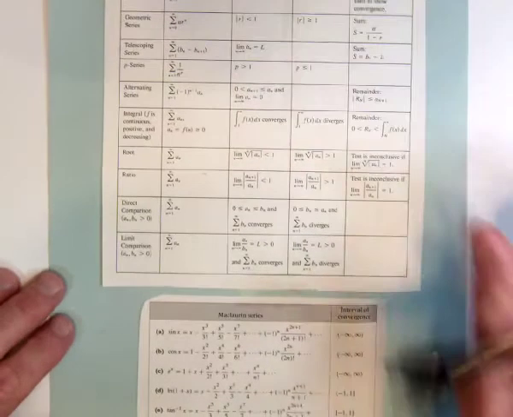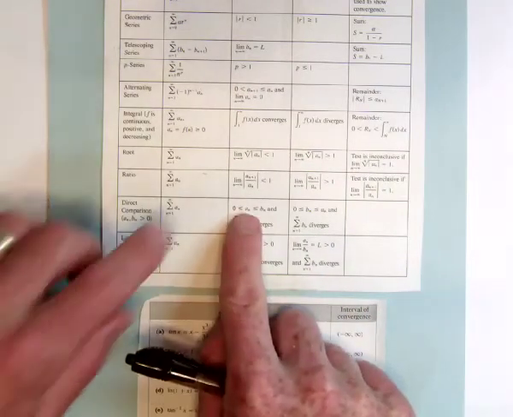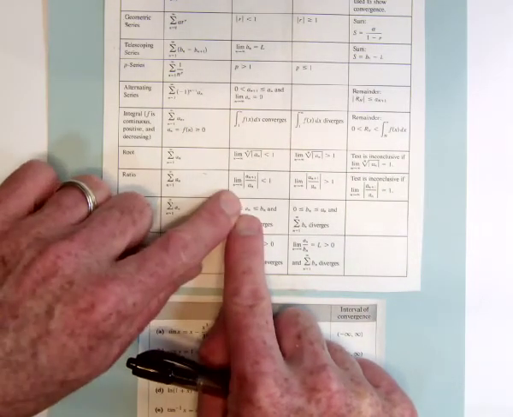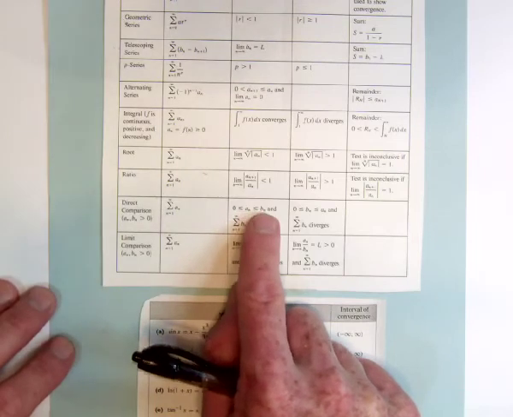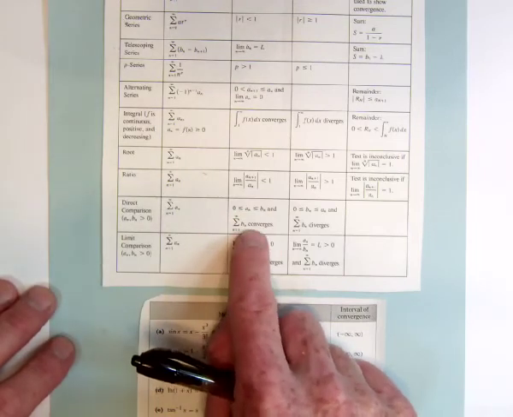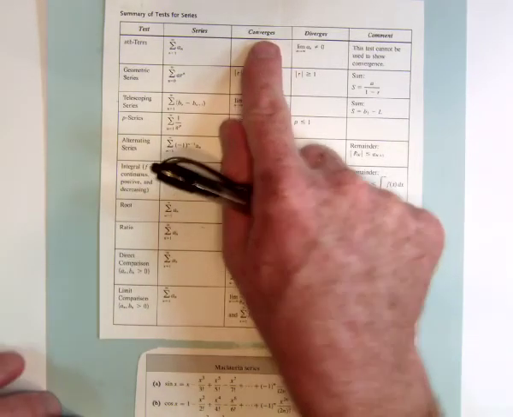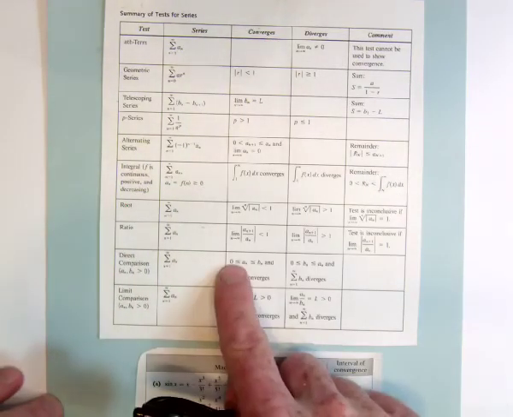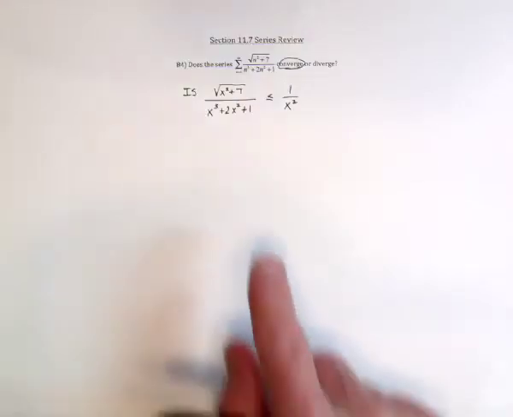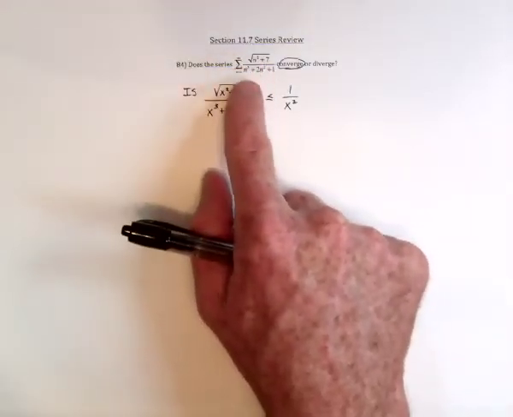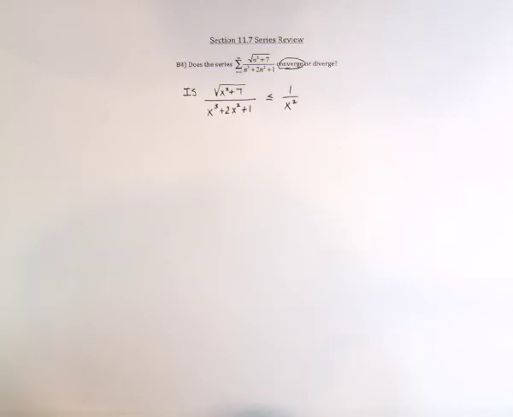So I'm using the comparison test. The comparison test says if you can show that yours is less than or equal to somebody else's and the other one converges, then your series converges. It does say it needs to be bigger than 0, but all of these numbers are going to be positive since n is starting at 1, so it's the 0 we don't have to worry about.